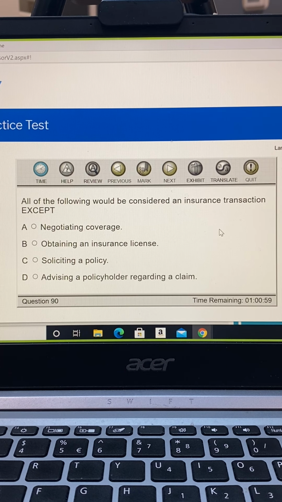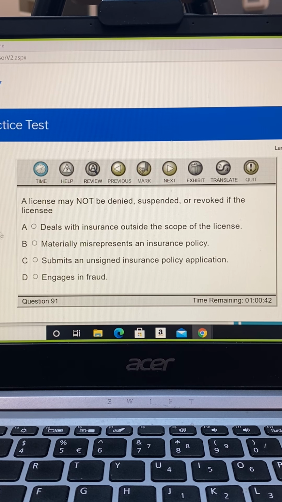All of the following will be considered an insurance transaction except... I don't think it's getting their license. A license may not be denied, suspended, or revoked if the licensee deals with insurance outside the scope of the license.